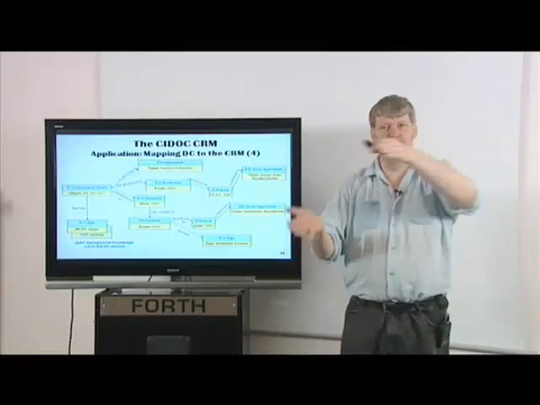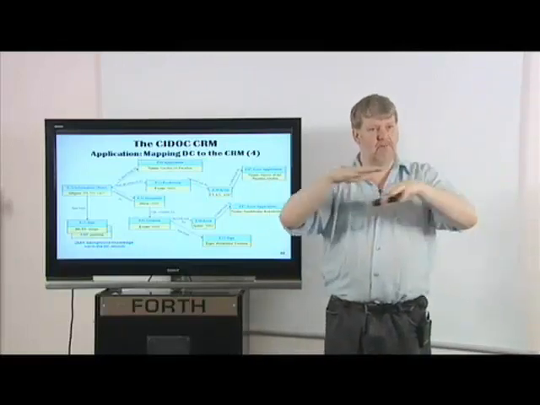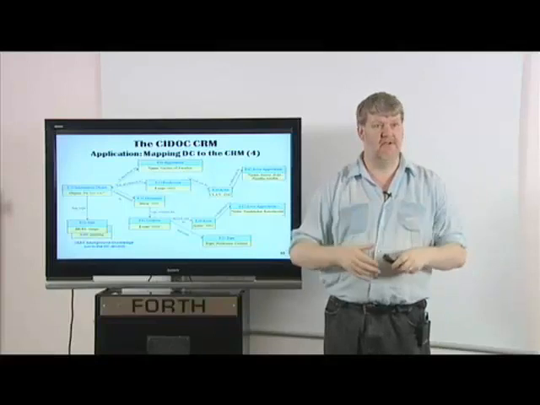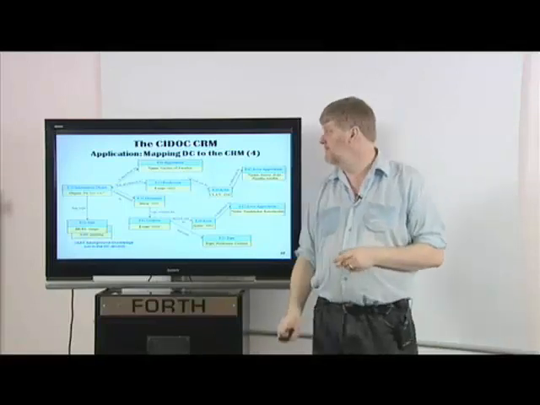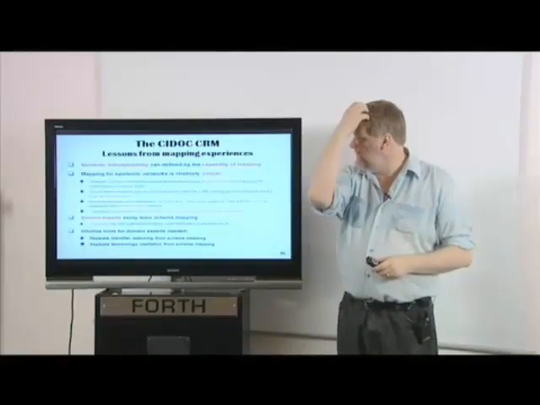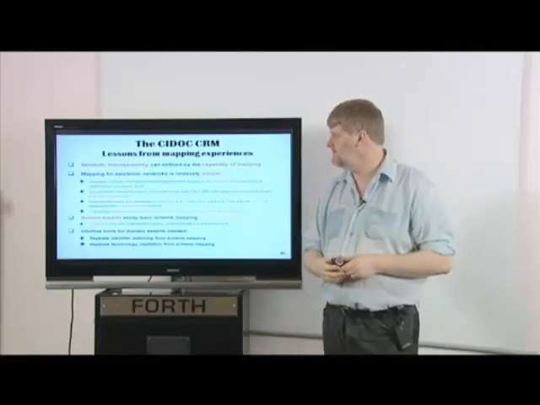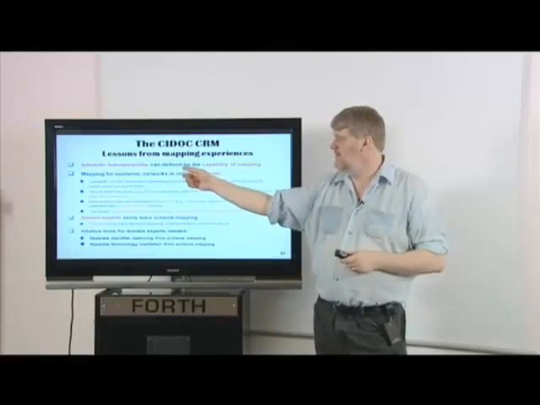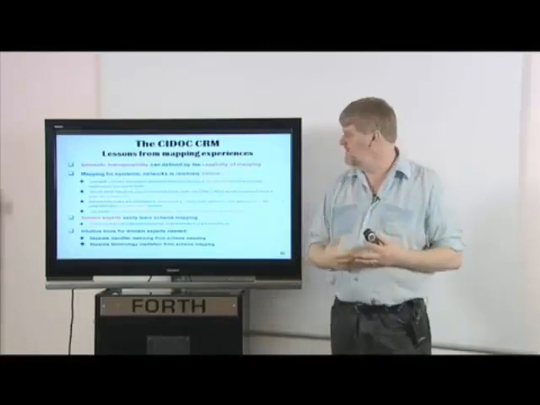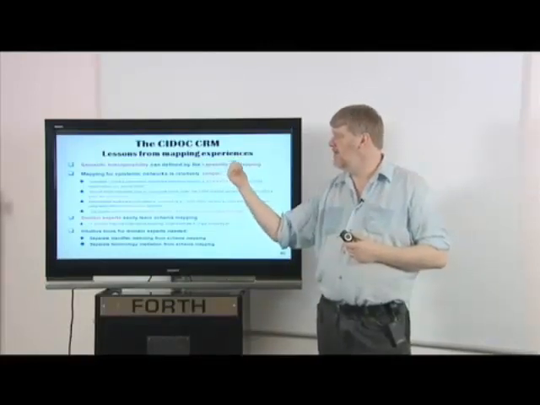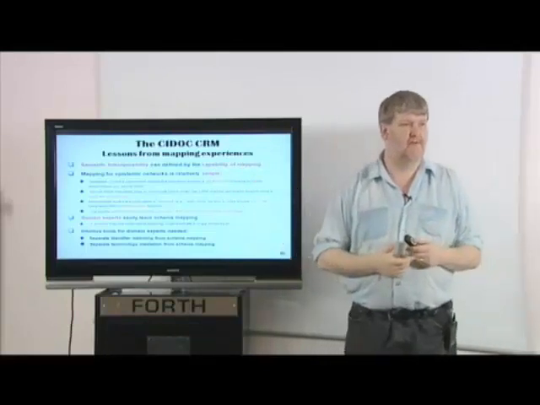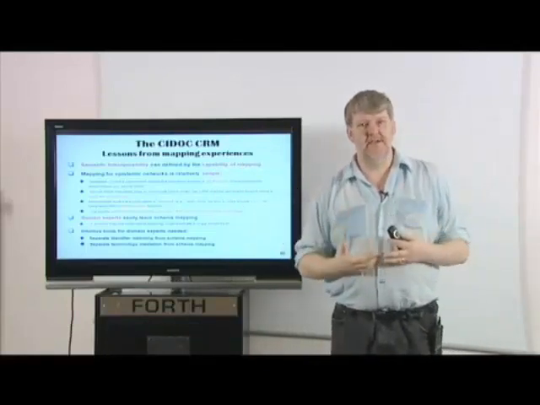So what lessons have we learned from doing these kinds of mapping operations? The interoperability between different data sources can be defined by our ability to map the data structure. So data that's got very poor or very thin structure is less semantically interoperable than data which has very rich structure.